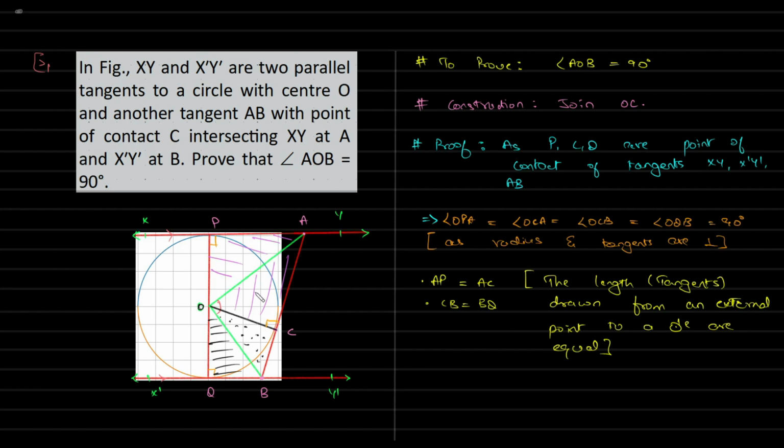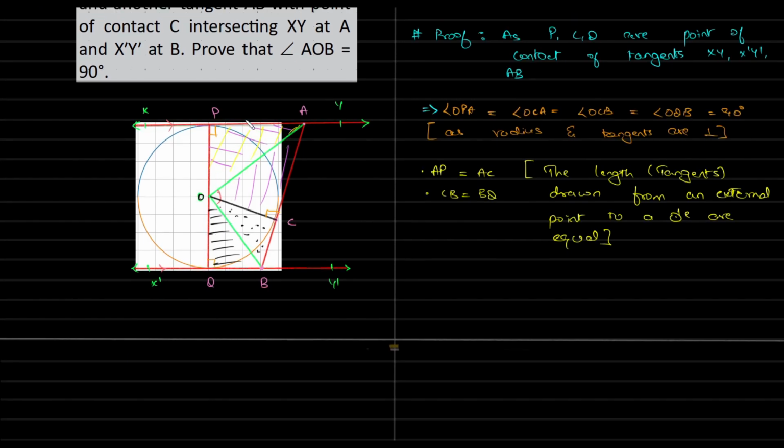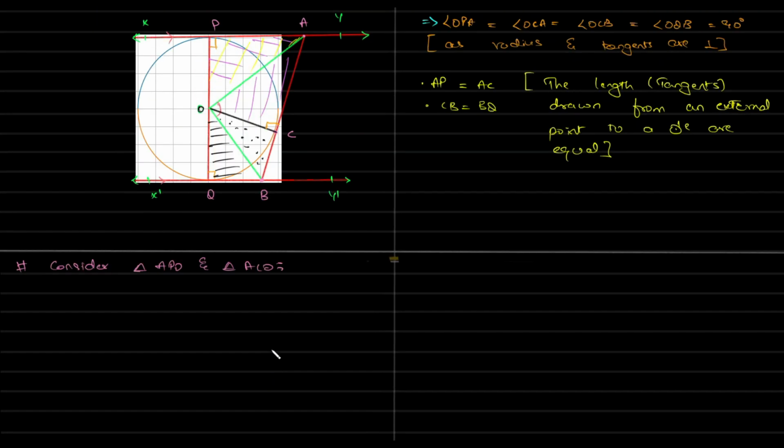Okay, so these are the initial things that we can write without second thought. It's quite simple, it's obvious. Once we have this fact, the next is making use of this and proving what we want. So consider triangle APO and triangle ACO. What can you tell about these two?